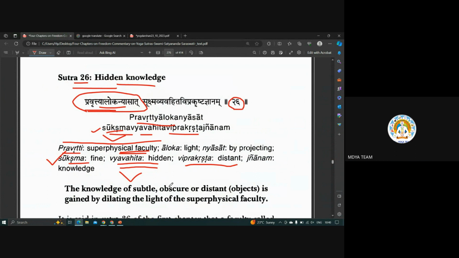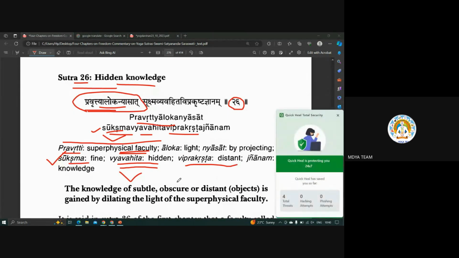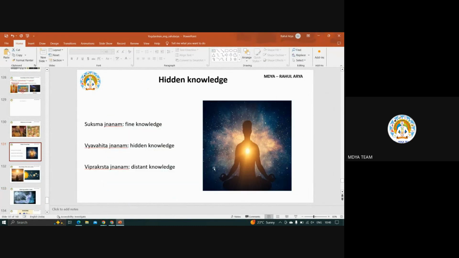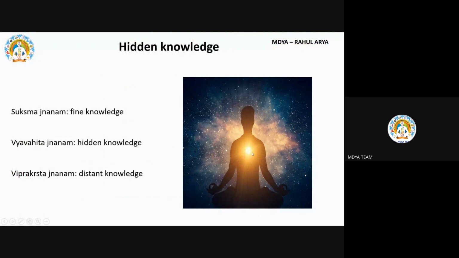So let's see the meaning of Alokanyasat. Pravritti is the super physical activity or physical faculty, right? What is Alokanyasat? It is Jyotishmati Pravritti, I told you, no? You understand it completely?